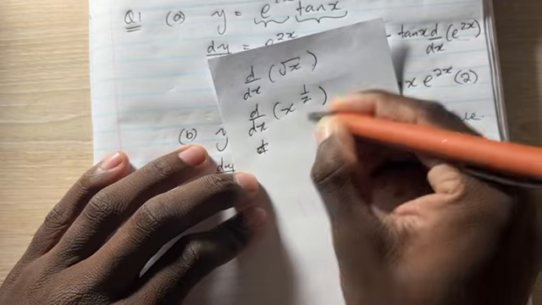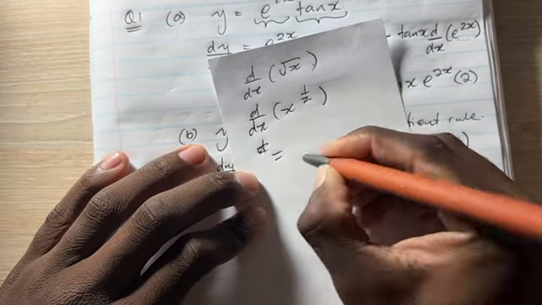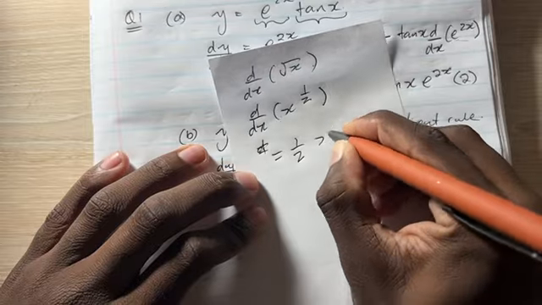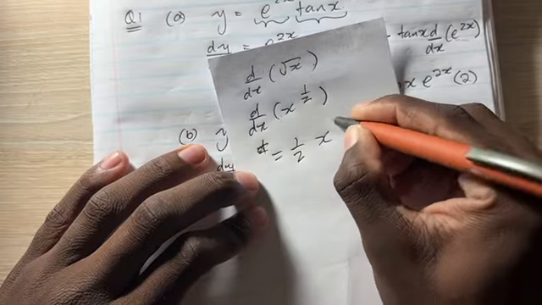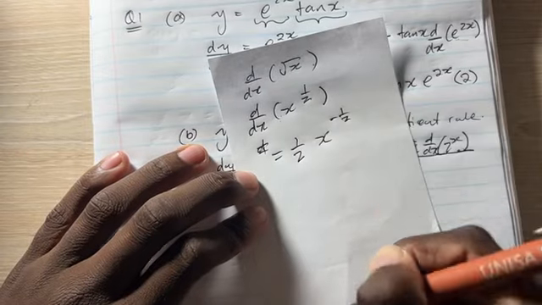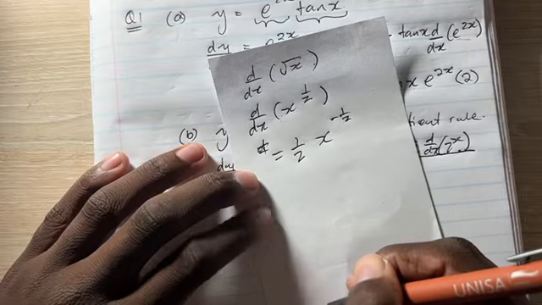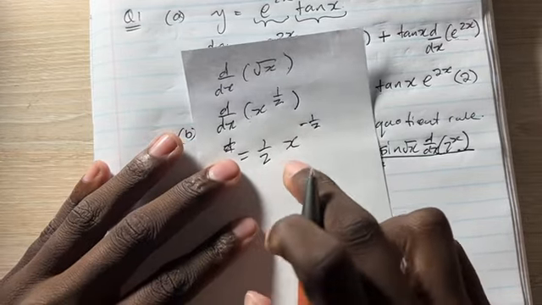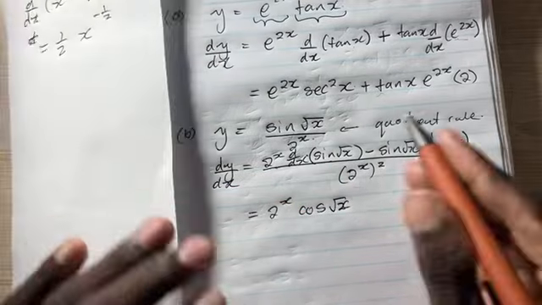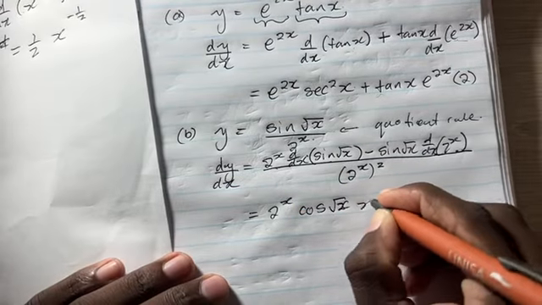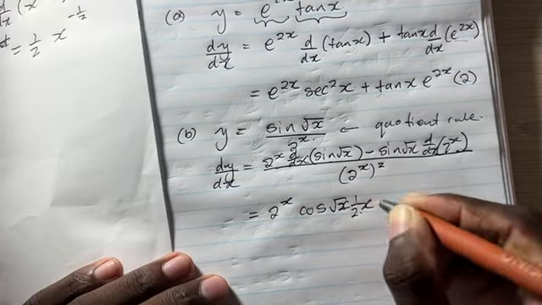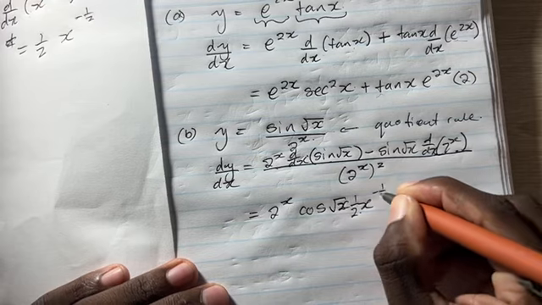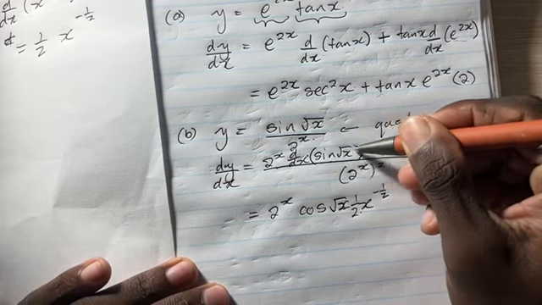So take this to the front, you have a half x to the power of a half minus 1, which is going to give you negative a half. They said don't simplify. So you can simplify this, but let's write it like this so that we save ourselves some time. Half x to the negative a half. That's what we found there as the derivative of this inside thing.